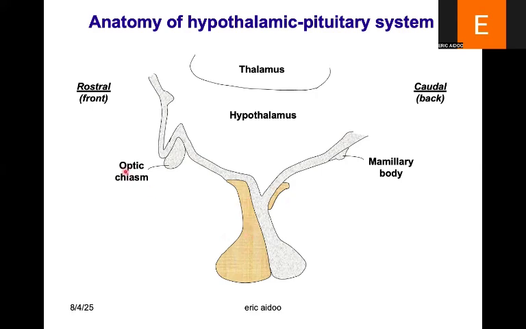Because the optic chiasm is related to the eye, and the eye is related to the front or anterior part of the face or the head, this region is obviously going to be the anterior pituitary. And then this mammillary body is posterior to the optic chiasma, and therefore towards the posterior portion. So this is the posterior pituitary.